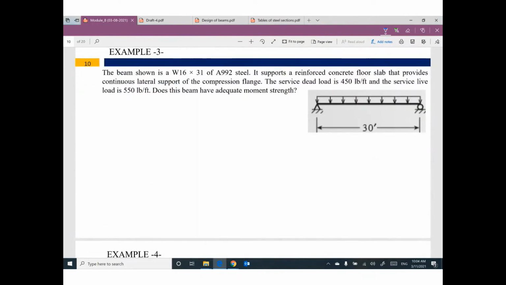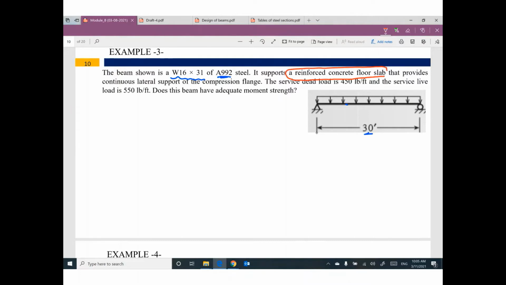We have a beam with a span of 30 feet, and I assumed the cross section of this beam will be W16 times 31, steel A992. It supports a reinforced concrete floor slab. This information is very important.